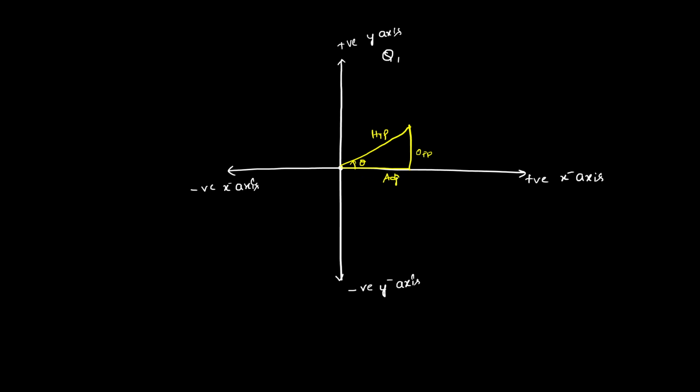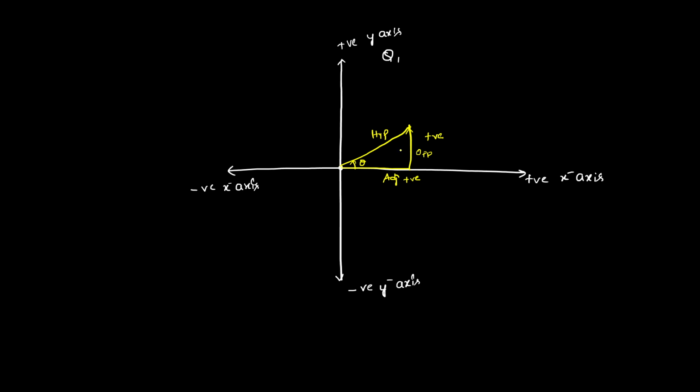Now, the adjacent side will be positive because it is lying on the positive x-axis. It might be +2, +3, or +4. Since it is in the positive direction of the x-axis, we know that the values will be 0, +1, +2, +3, like this. So definitely this will be positive, and the opposite will also be positive because we are going in the positive direction of the y-axis, that means upwards.